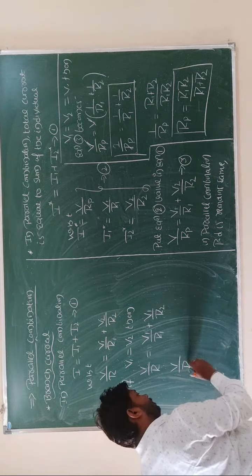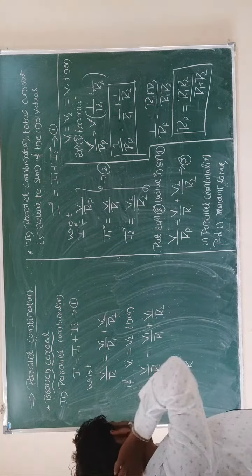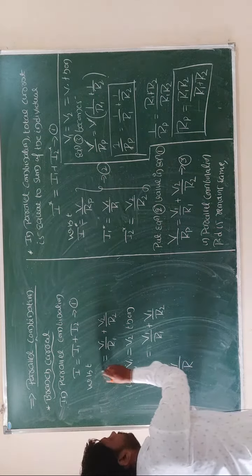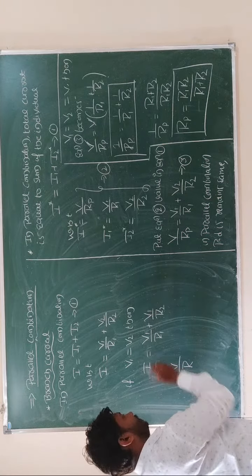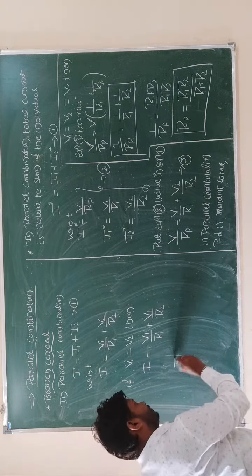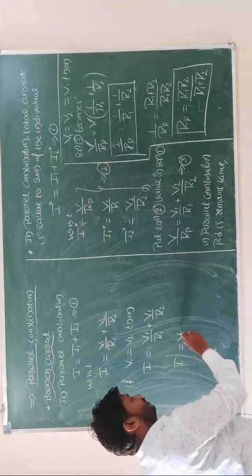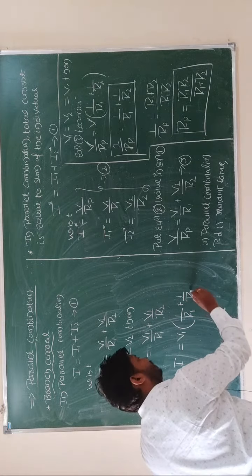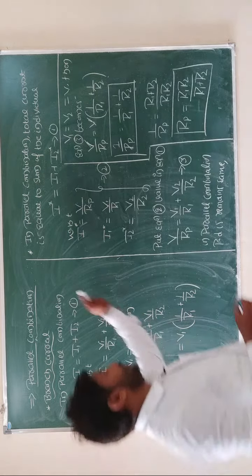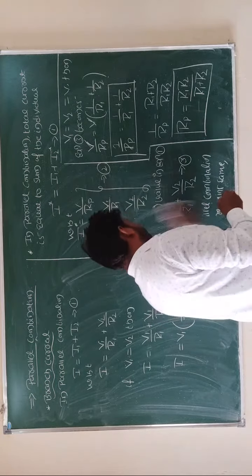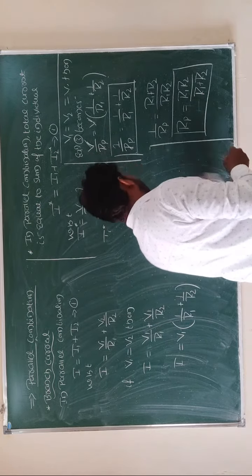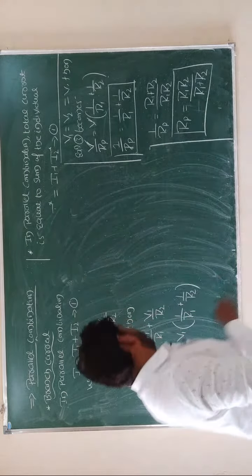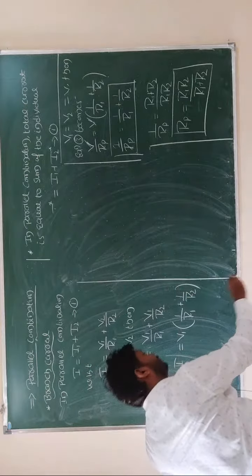So the potential difference remains the same. This one I can write as I only. I is equal to V1, taking it out common, 1 by R1 plus 1 by R2. Now let me simplify this equation to get the branch current value.